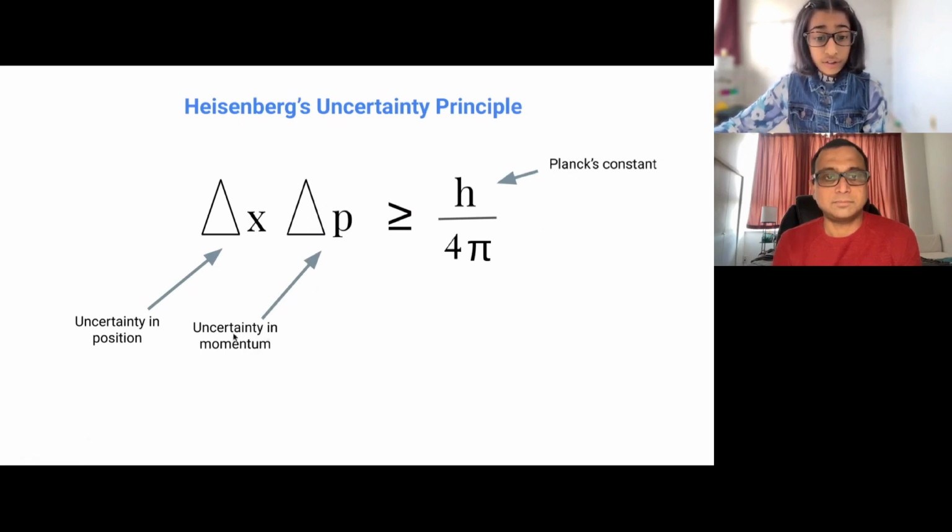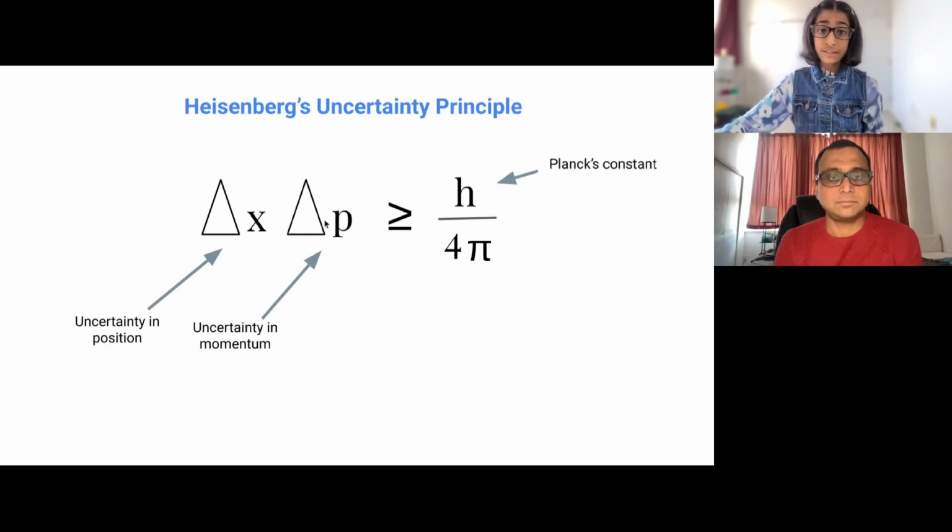So, the uncertainty in momentum, this is the change in momentum. So, that's what happened when the light was spreading out on the wall in our experiment. The momentum was changing. So if that momentum didn't change, that would mean that delta p is 0.